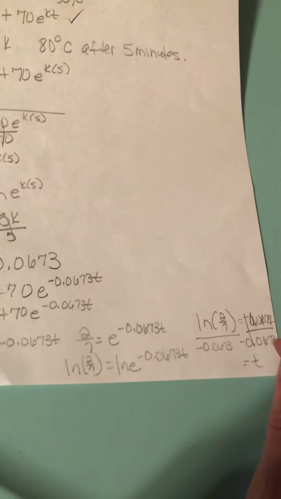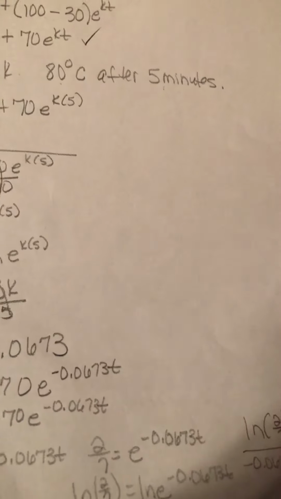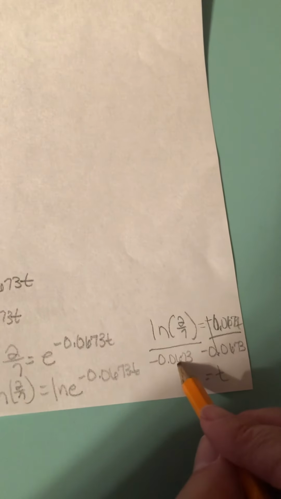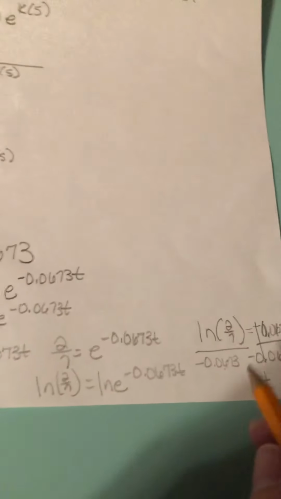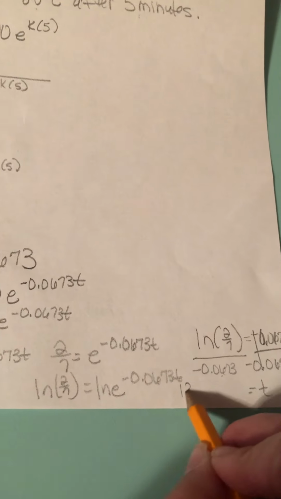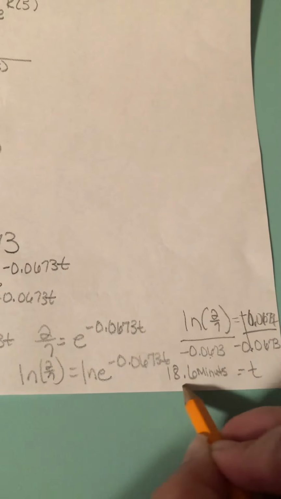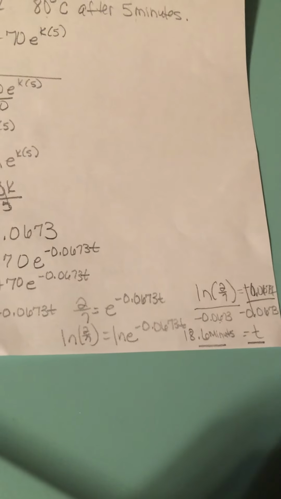Now this being a time, it's got to be positive, y'all. So when you plug it into your calculator, the natural log of 2/7 over this negative decimal, you are going to get approximately 18.6 minutes. Okay, and that is Newton's law of cooling.